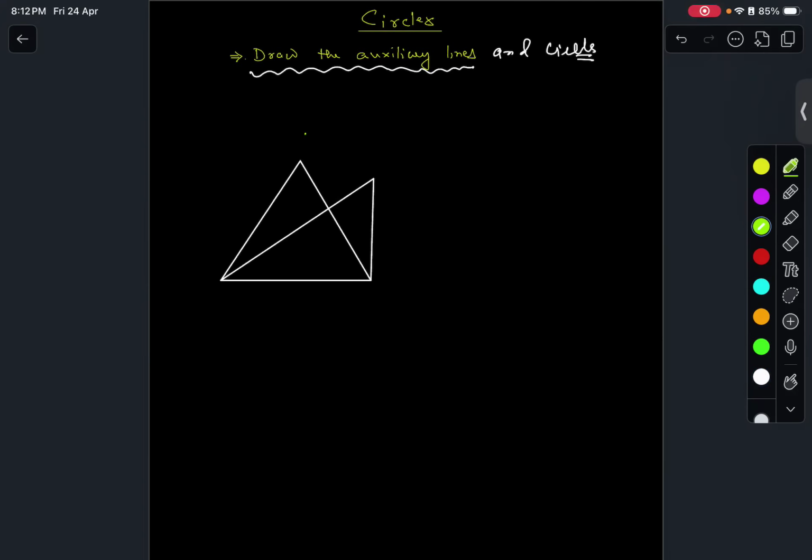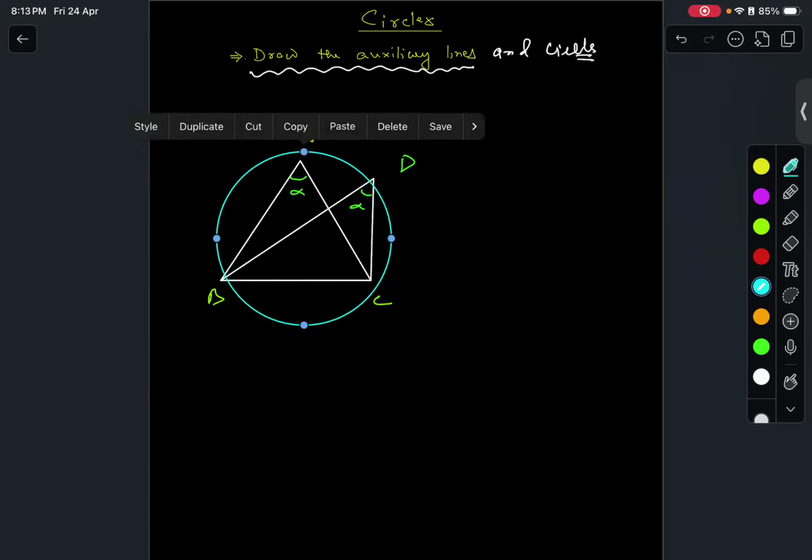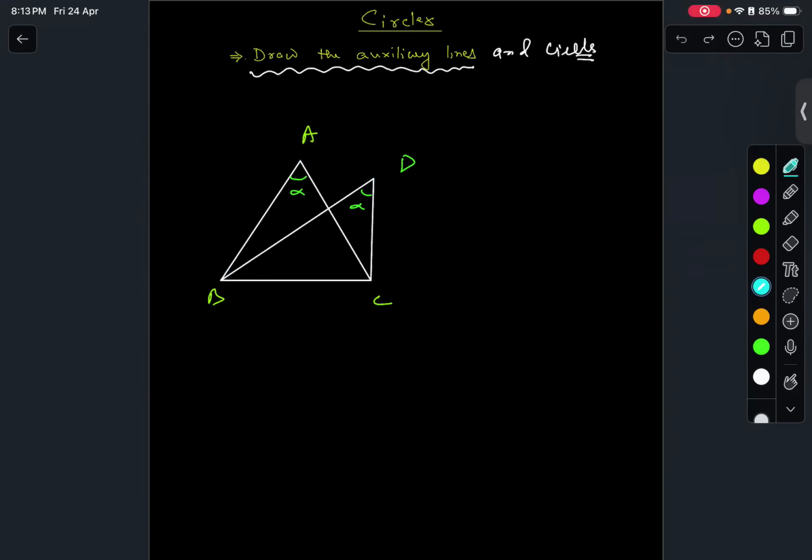If the information is given like ABC and DBC, two triangles with the same base BC, but the angle A and angle D both are alpha, what do you have to think? You have to think, this is the circle.